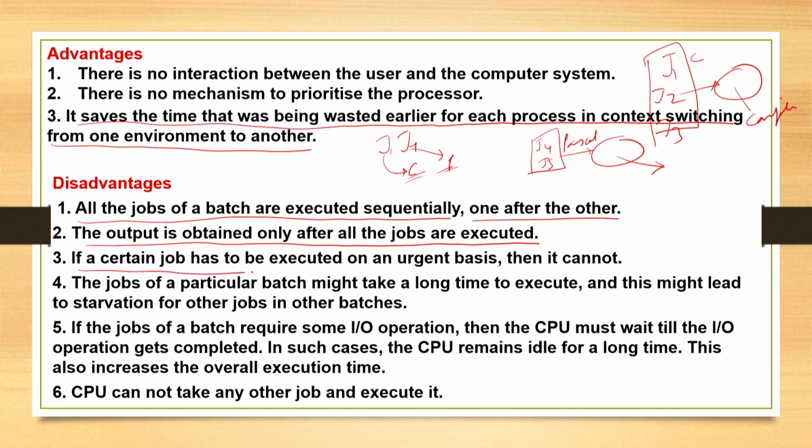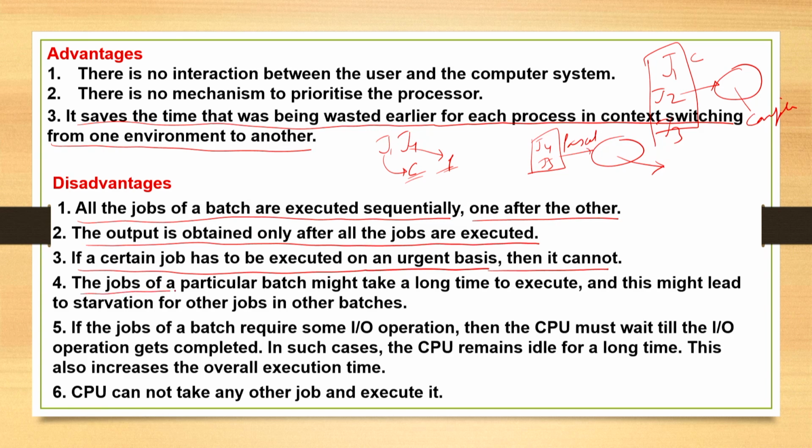If a certain job has to be executed on an urgent basis, this is not possible with the batch operating system, because there is no direct interaction of the user with the computer system. The jobs of a particular batch might take a long time to execute, and this may lead to starvation for other jobs in other batches.